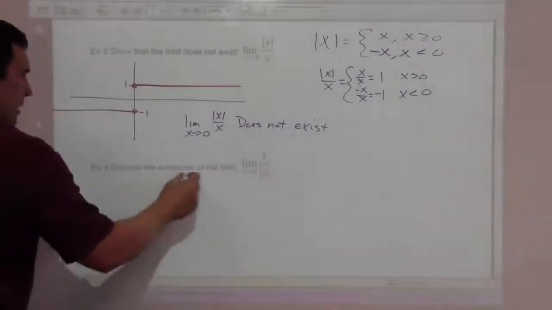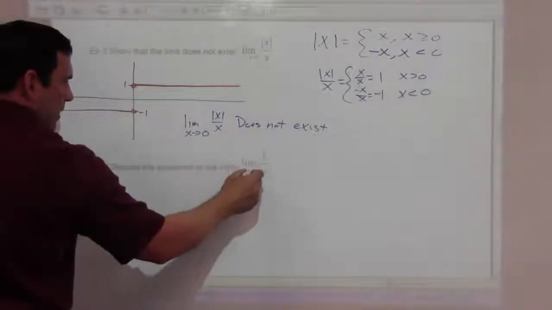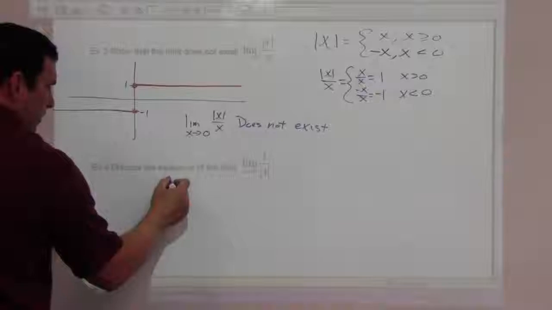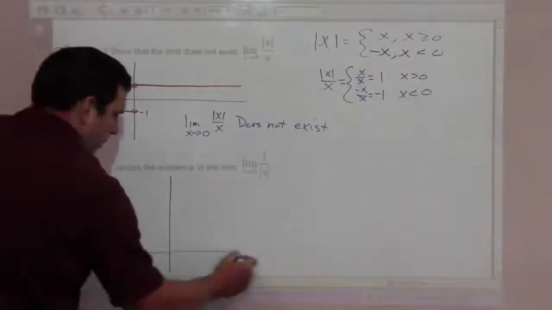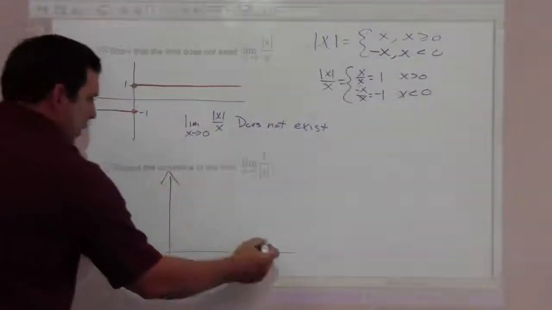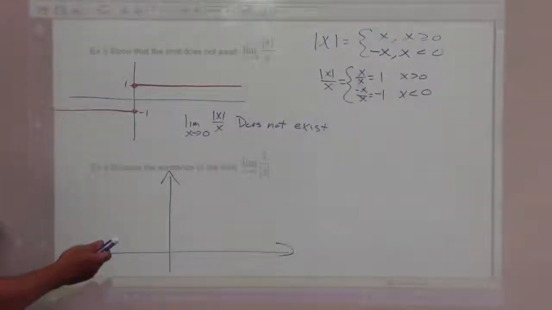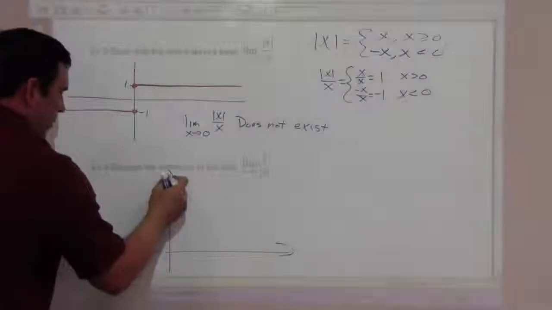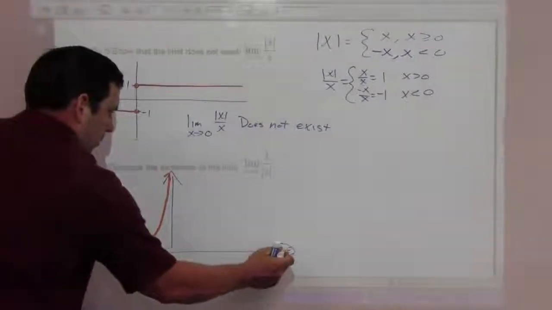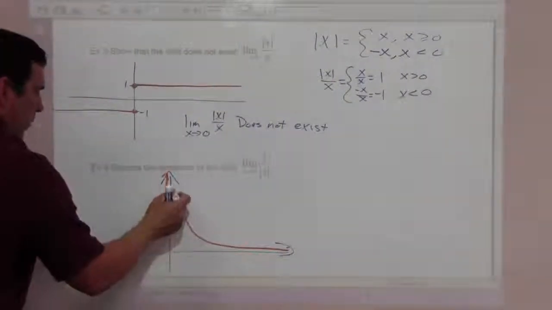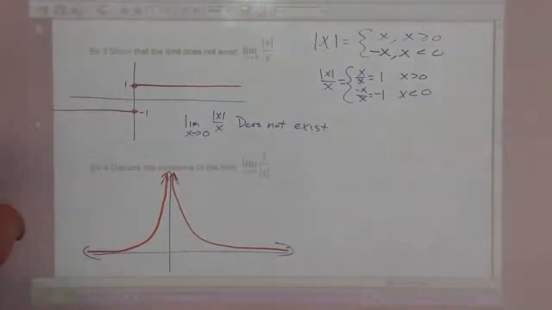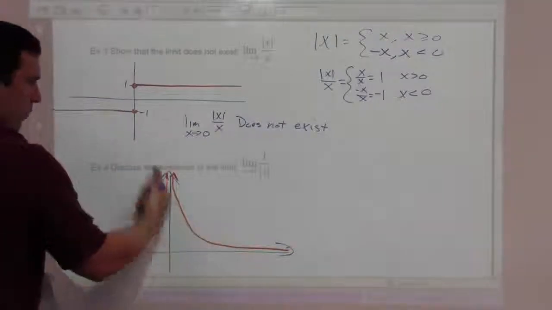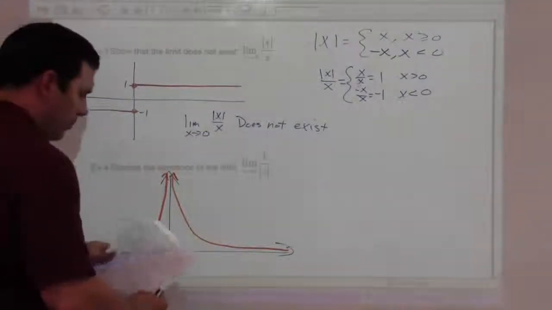For the next one, discuss the existence of the limit as x goes to 0 of 1 over absolute value of x. This graph would look like the following. So as we go towards 0, it's going to infinity in either direction.